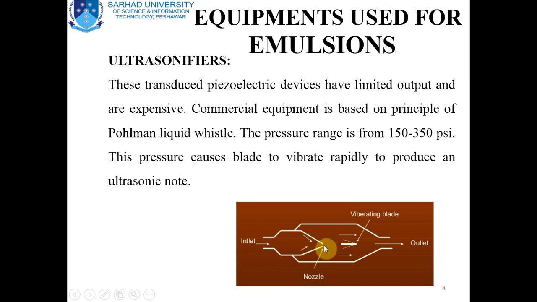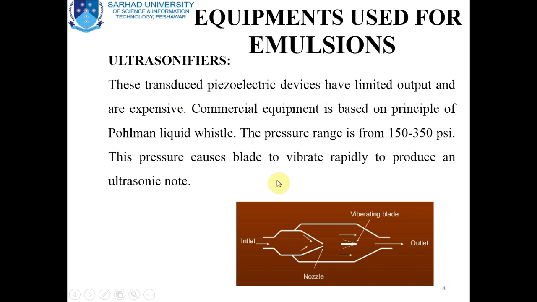After passing through this nozzle, the materials strike the vibrating blade at high pressure, which causes the blade to vibrate, producing ultrasonic energy. Ultrasonic waves are produced, which are responsible for emulsification or fragmentation into droplets.